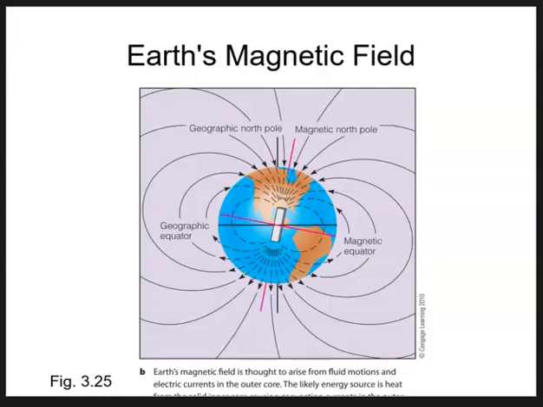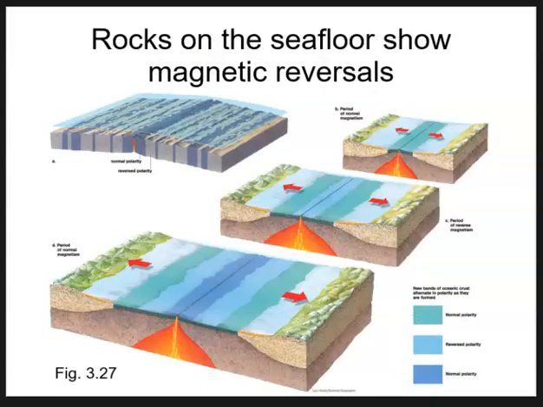Okay, so what scientists can do is they can see this pattern of reversals. So let's say we have an ocean that's forming, right? And that ocean locks in the polarity of the Earth.